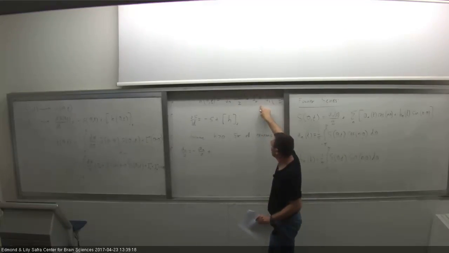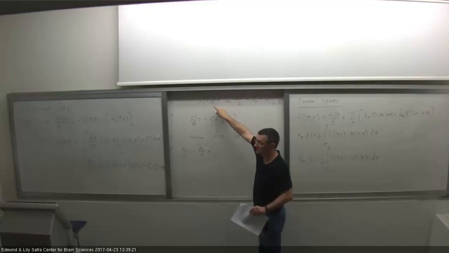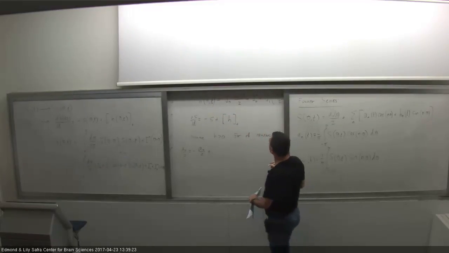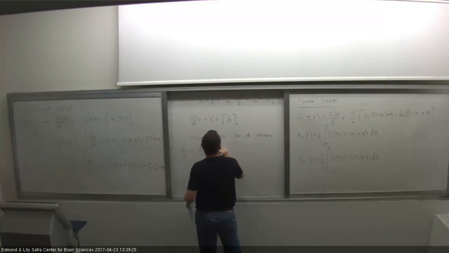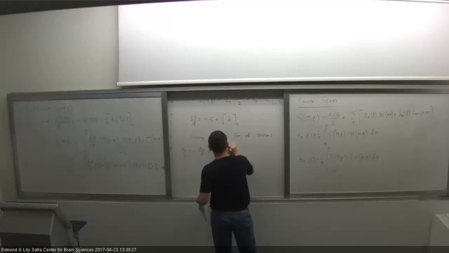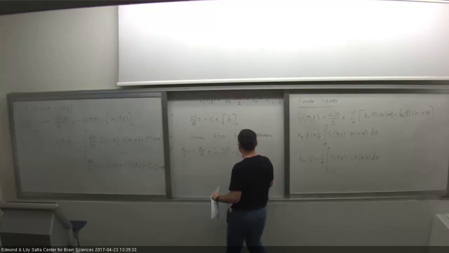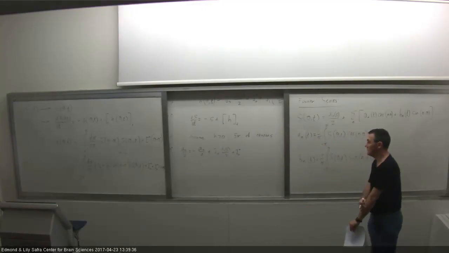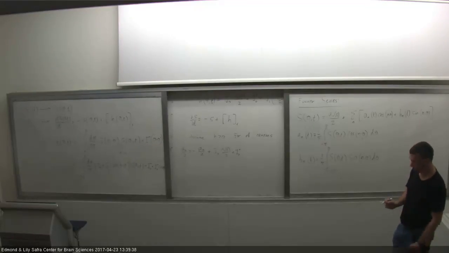Plus the zeroth component in H, plus J0 A0 of T over 2 plus the homogeneous component in the external input.